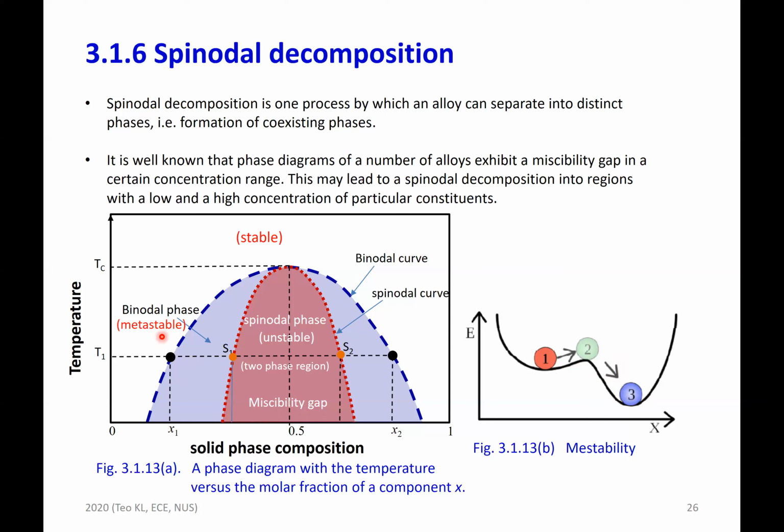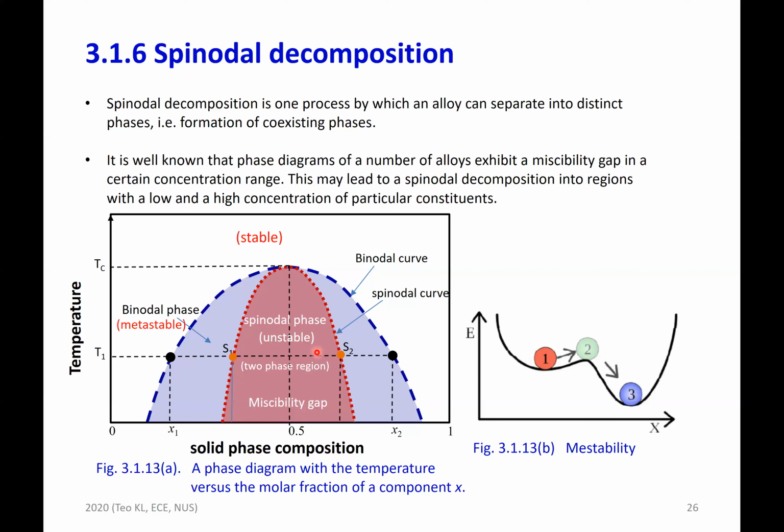So for example, you grow the material in the metastable phase at a certain temperature. After the growth, you subject it to some heating. It could become thermodynamically unstable, and it will move from here to here. So down here is basically the metastable phase.